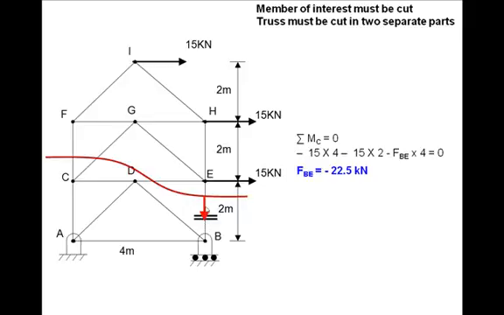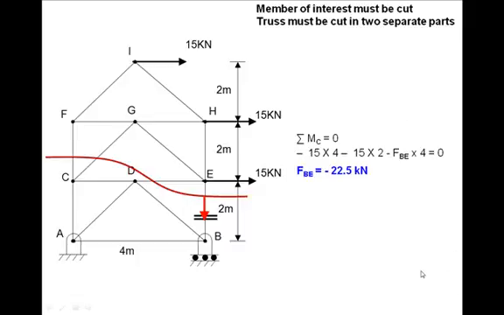I assumed tension, so it will be towards the section, so the nature is compressive. So this is how we have done it, of course in one equation in one step, but taking the section was a little bit skillful, and we were required to cut more than 3 members.